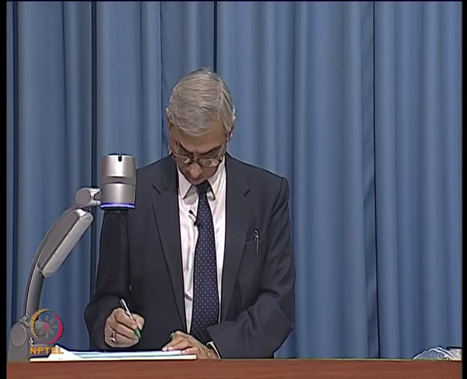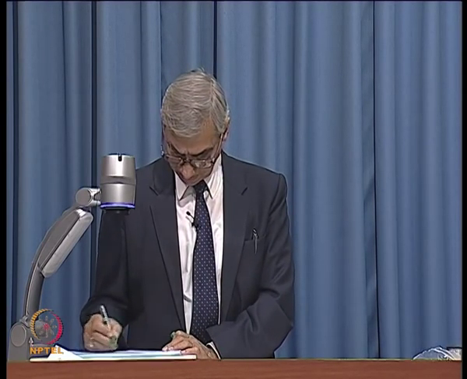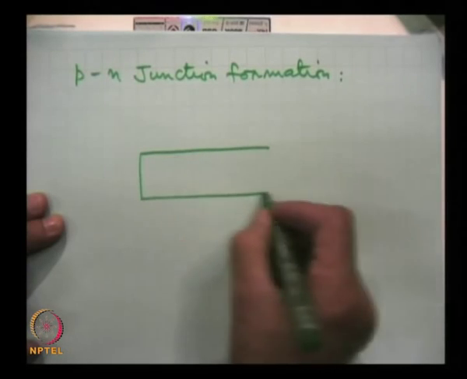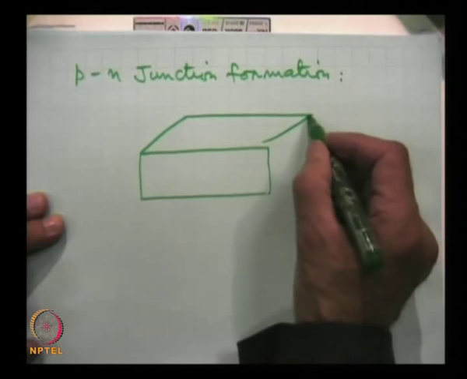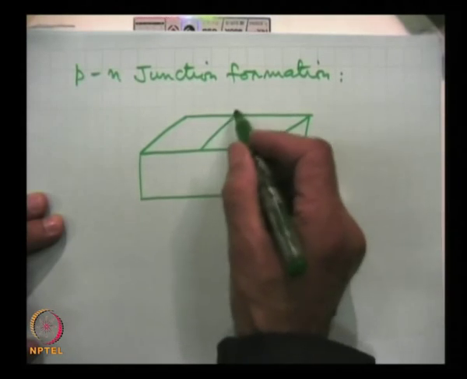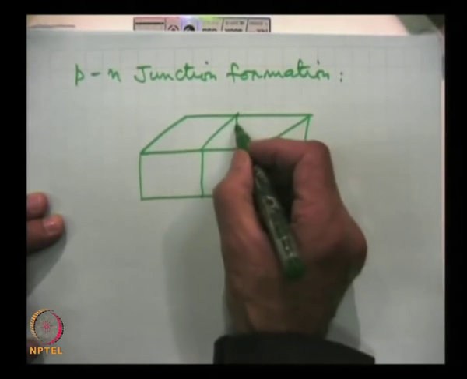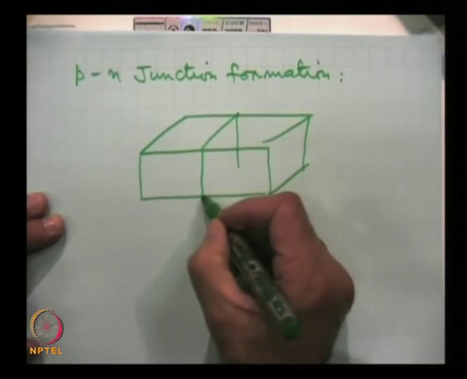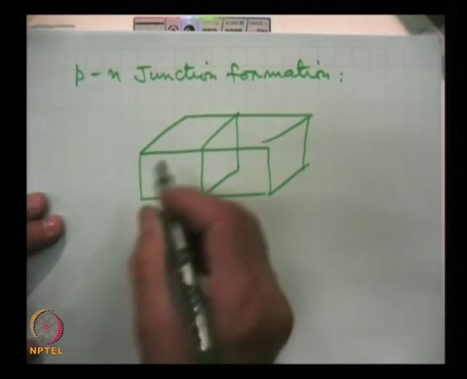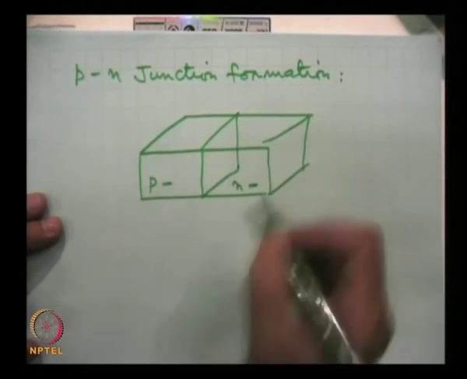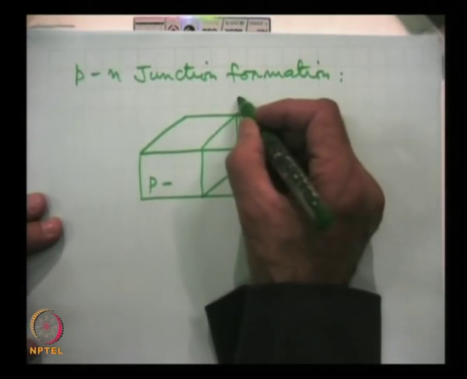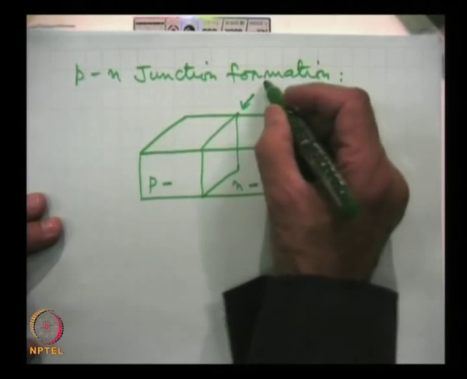So, let us draw a crystal. This is p region, this is n region and this is metallurgical junction.